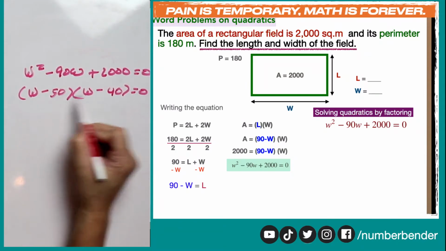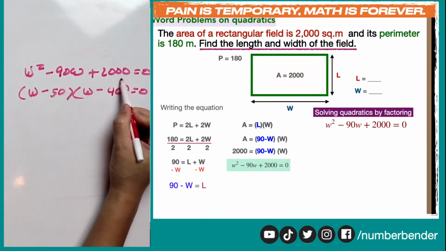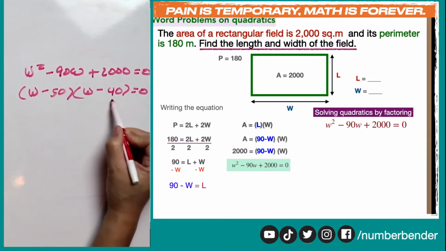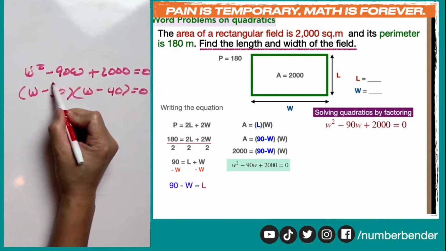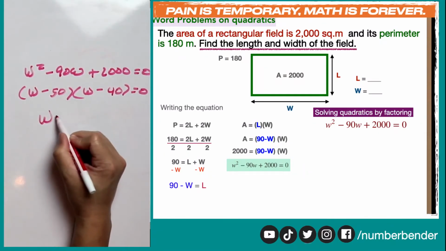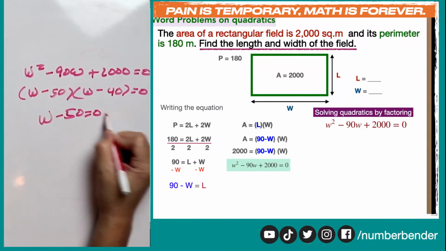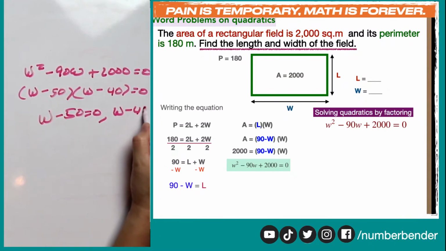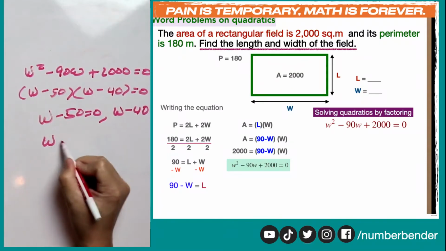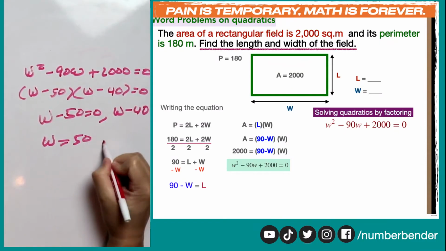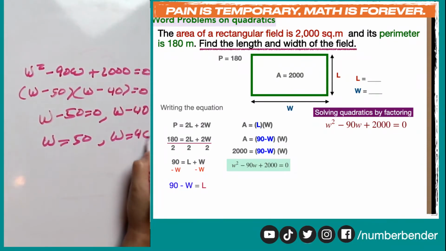So negative 50 times negative 40 is 2,000, and negative 50 plus negative 40 is negative 90. So my solution for my quadratic equation using the zero product property will give me W is equal to 50 and W equal to 40.